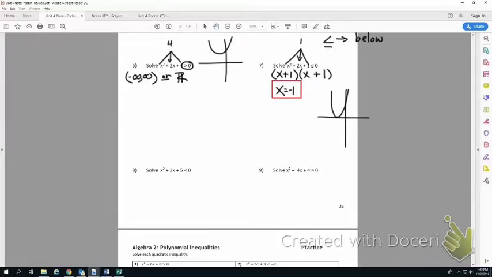So below is the opposite of on top of. So below or on, or above. It's all above, right? So none of it's below. But then that equal to. So this is asking how much of it is below or on the x-axis. The only x value where that parabola is touching is x equals negative 1.